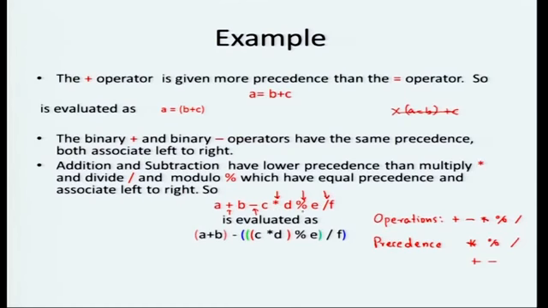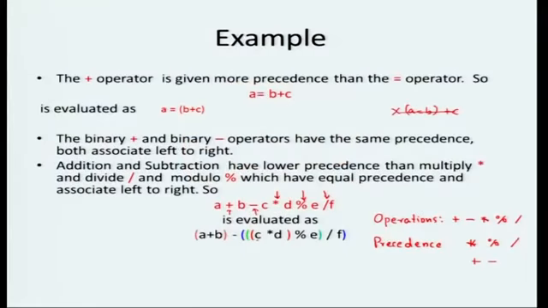As far as within the same precedence is concerned, let us simplify the situation a little bit and think of them as the same operation, all of them having left to right associativity.